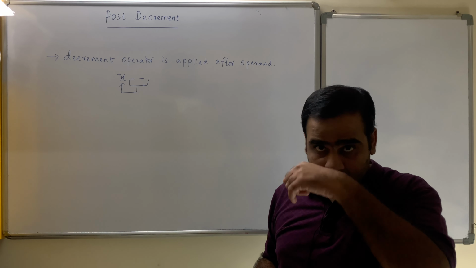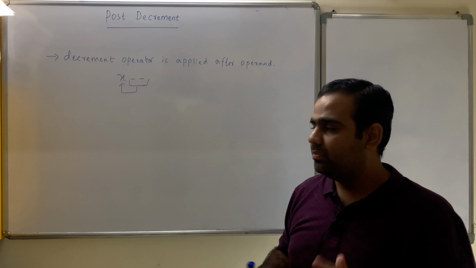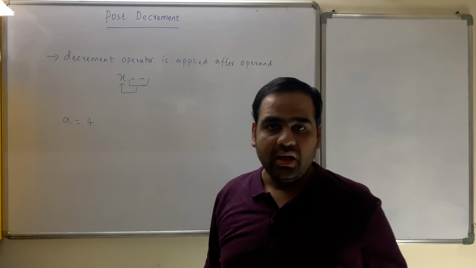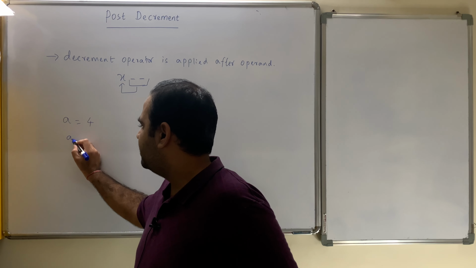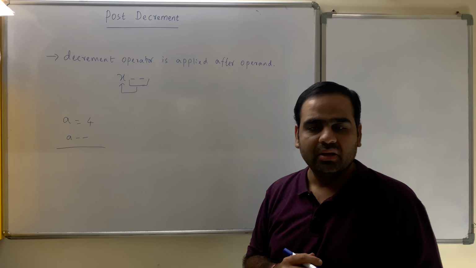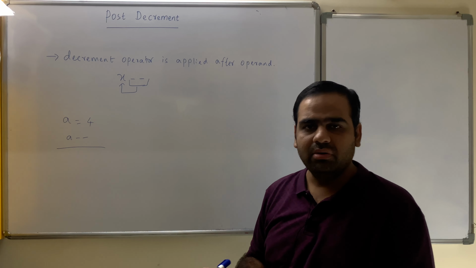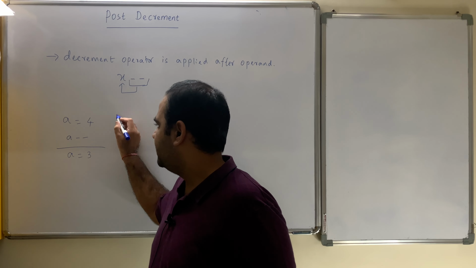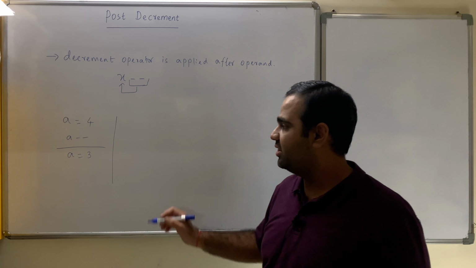Now let's see with the help of some examples. Let us say a is equal to 4 and we write a minus minus. That means subtract 1 from the number. The value of variable a would become 3. Next example.